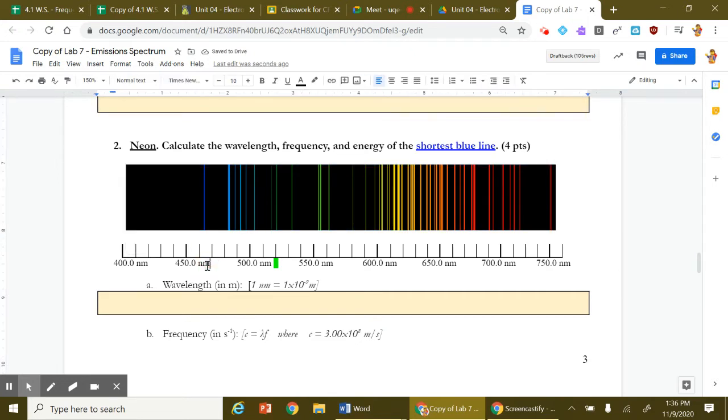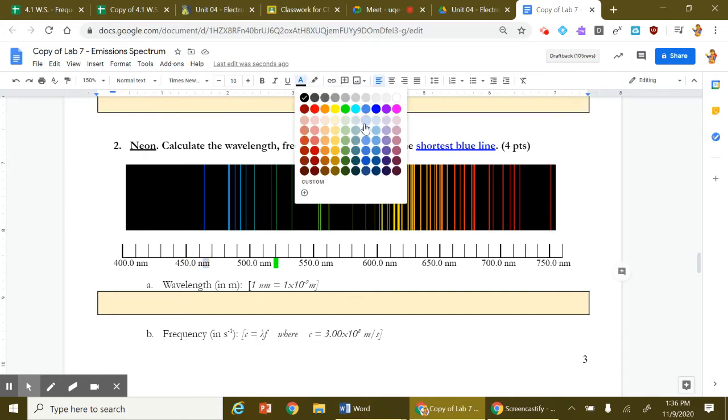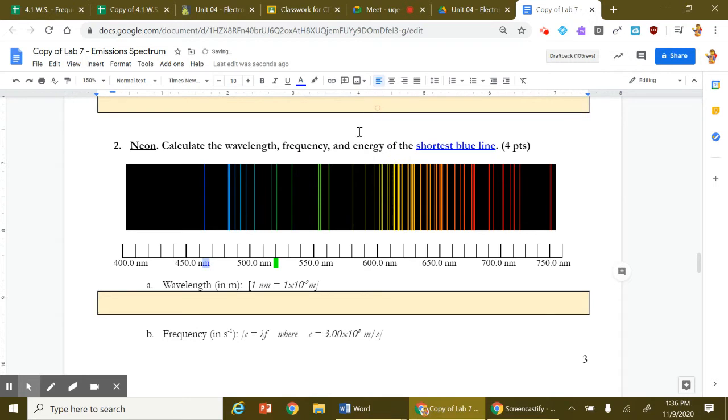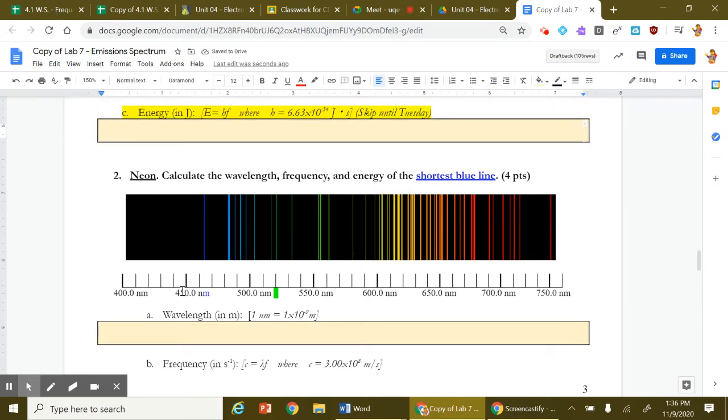So what would that wavelength be in this slightly different sample problem? Well, this is 450 nanometers. One line over is 460, and this is about halfway between 460 and 470, a bit closer to 460. So I'm going to call this 464 nanometers, and I have got to convert that into meters.